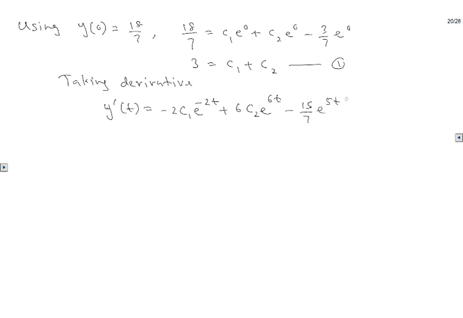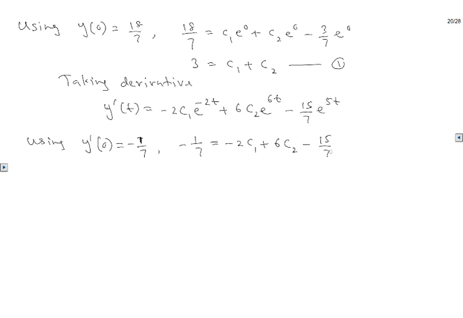Now what we can do, we can use the other condition now. So then using y prime 0 equal negative 1/7, we can write this equation: negative 1/7 equal negative 2 c1 plus 6 c2 minus 15/7.